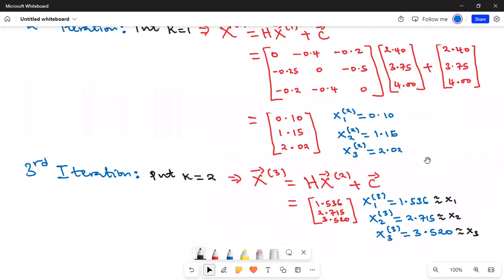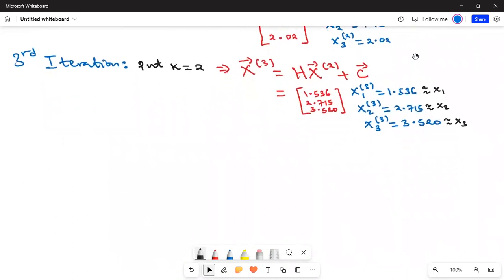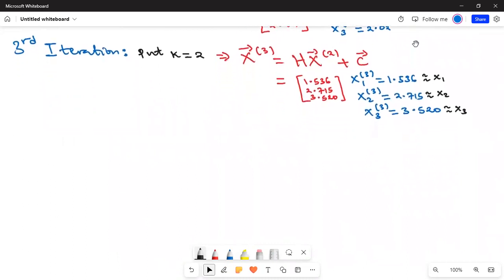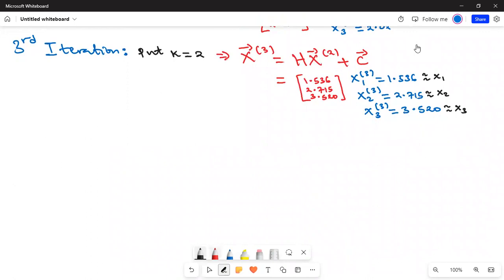Now, there's another method where you don't have to use the matrix vector form. So you can write method 2. In method 2, the given system can now be written as, look at our first equation.